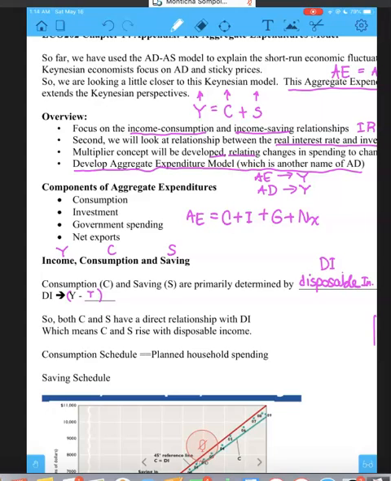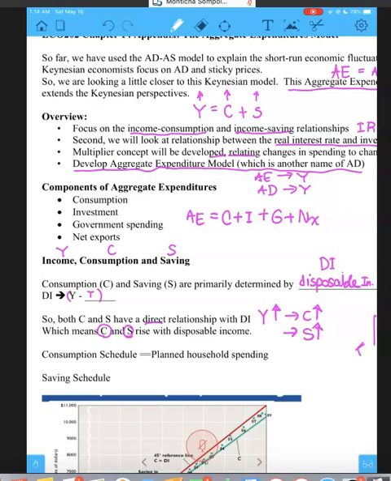Okay, assuming the lump sum tax, income minus taxes will be disposable income. So both consumption and saving have a direct relationship with the DI, okay, which means the consumption and saving will go up as disposable income rises. Again, if income rises, consumption will go up. If income rises, saving will go up.